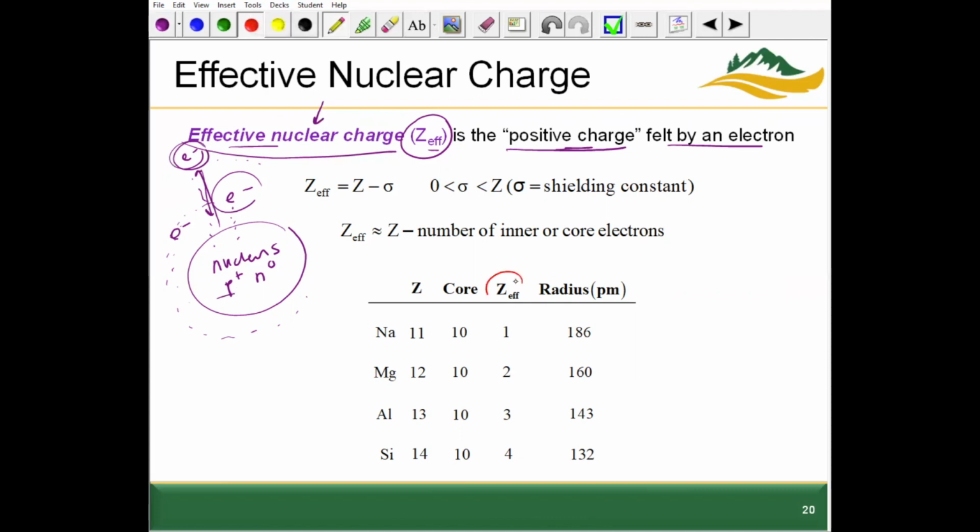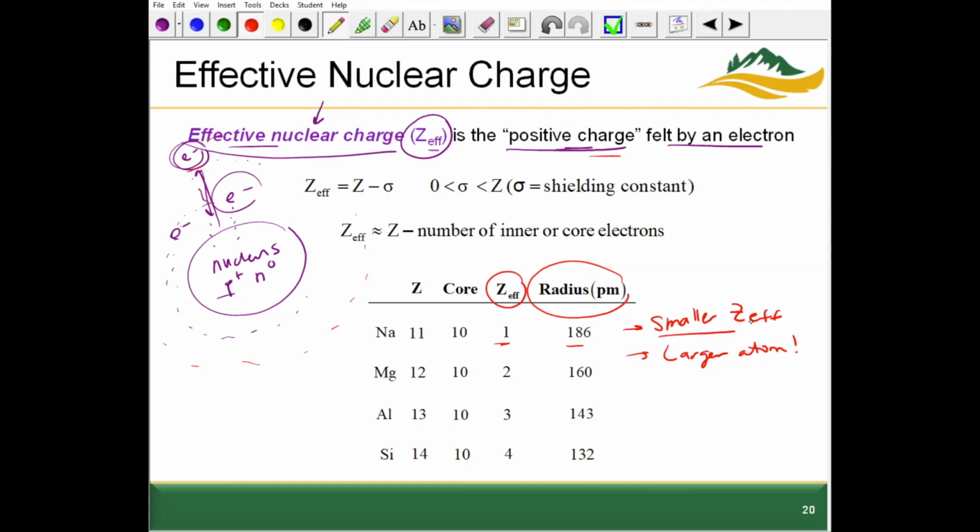What connection can you make between the effective nuclear charge and the radius of an atom? The smaller the effective nuclear charge, the larger the atom. The smaller the pull these electrons feel towards the nucleus, the larger and more spread out that electron cloud density will be.